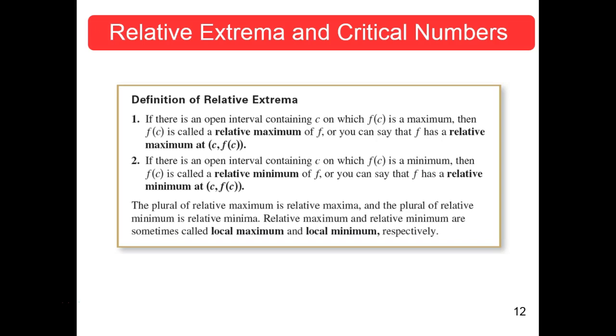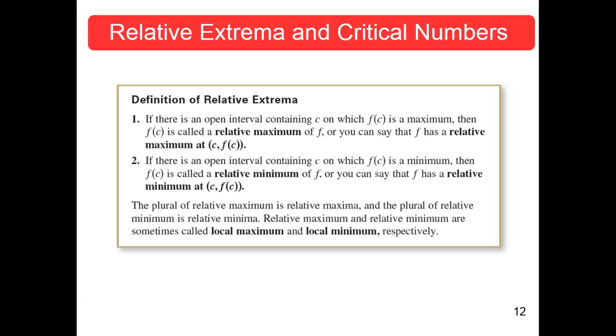Then f of C is called the relative maximum of f, or you can say that f has a relative maximum at C. If there's an open interval containing C on which f of C is a maximum, then that's called a relative maximum of f, wherever your function is, not just that little interval.